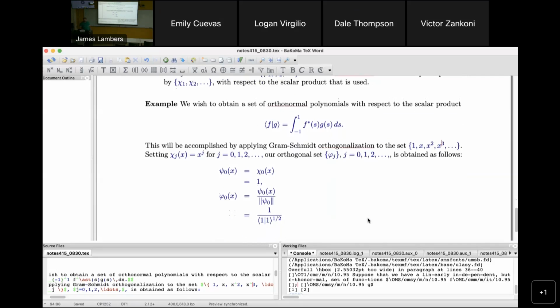So here the Gram-Schmidt process begins. So psi 0 is just chi 0, which is 1. And then to get phi 0, we normalize psi 0. We have to divide it by the scalar product of the function 1 with itself and take the square root of that.